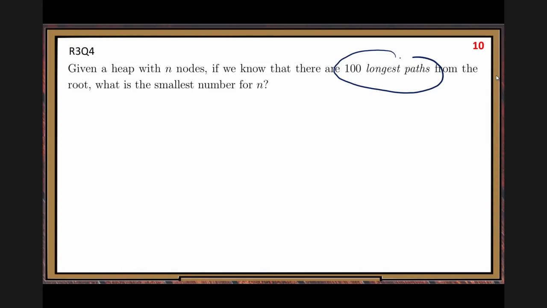So first, let's draw a typical heap structure. Then we have many levels going down, right? Then at the bottom level, we know a heap is a near complete binary tree.